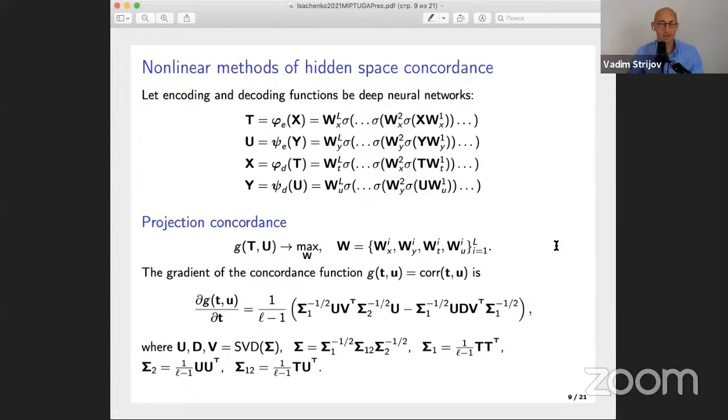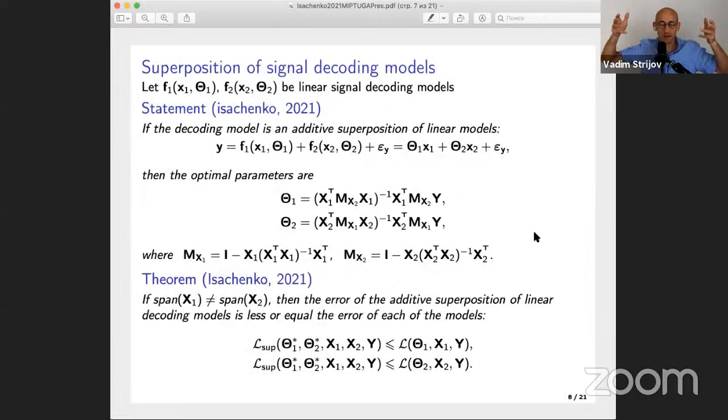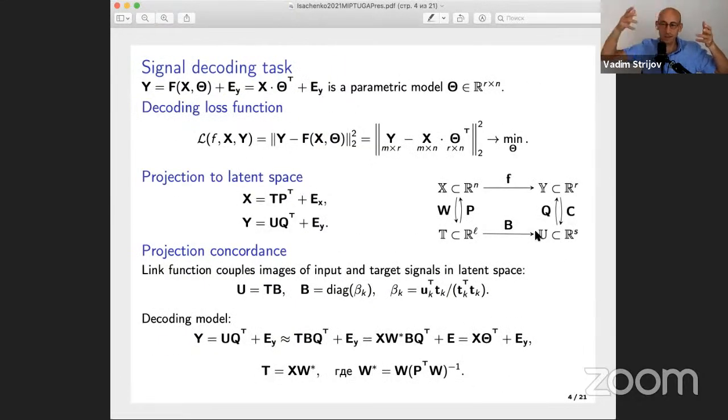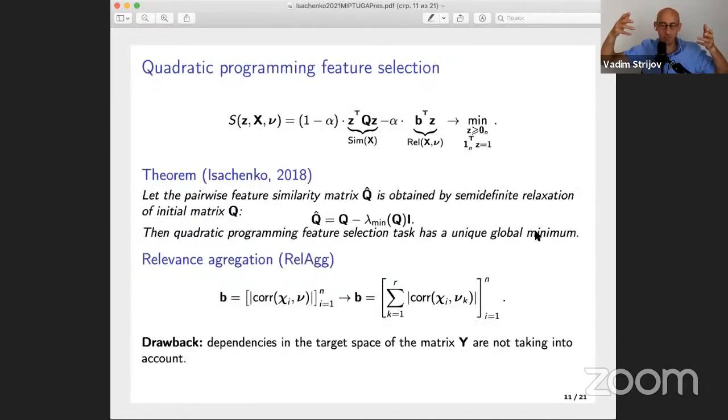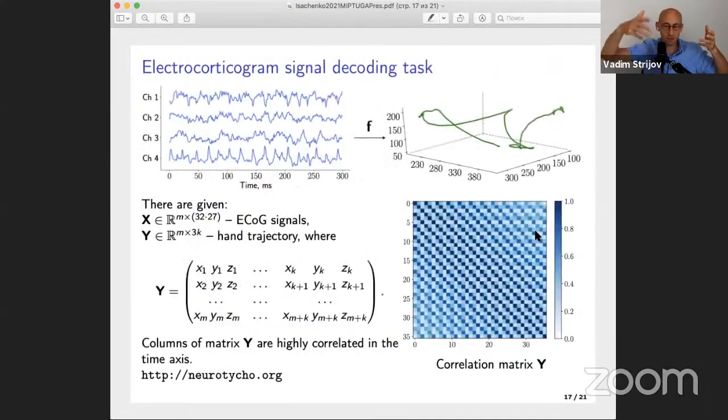I have a question, if I may. So you have target space, three-dimensional, since it's a space of hand motion, of hand movement, right? It moves in 3D, and you have, say, 4 or 64 channels. Why do you call these spaces of high dimensionality, and why do you call these spaces multi-correlated?